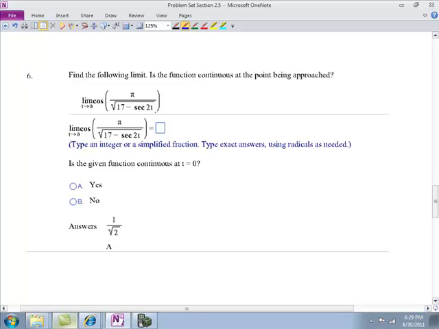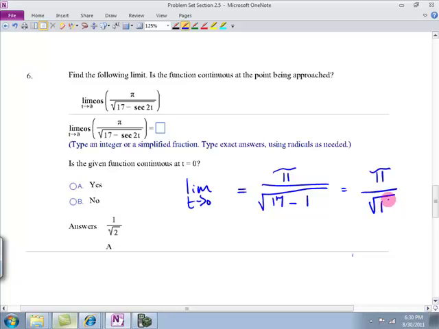If you have that trig sheet, it's helpful, right? So, okay, there's no reason we can't just plug in on this limit, so let's do that. So we have the limit as t approaches 0 of all of that equals, okay, we've got pi over square root of 17 minus, the secant of 0 is 1, so we've got 1. Everybody agree with that? So that's pi over the square root of 16.